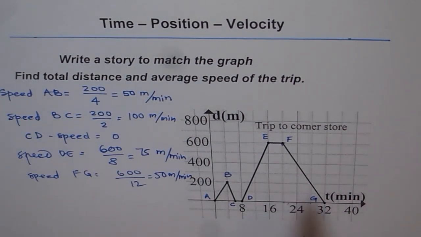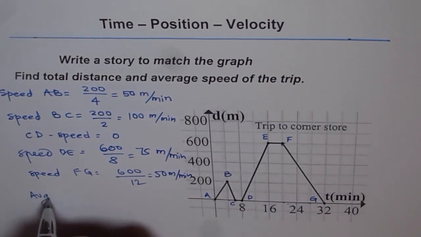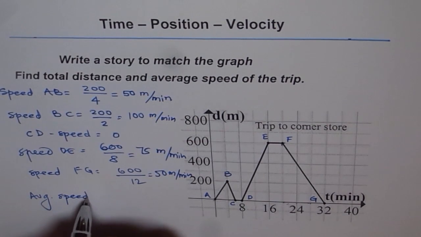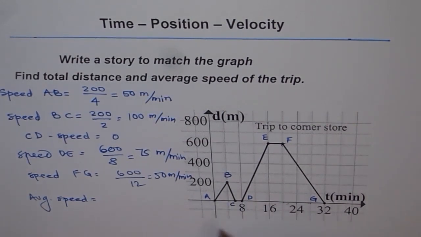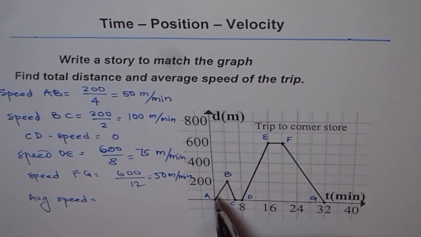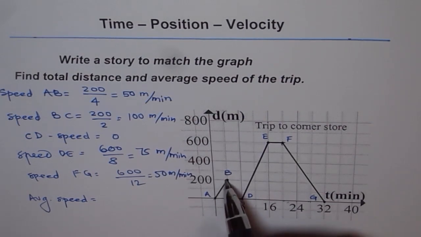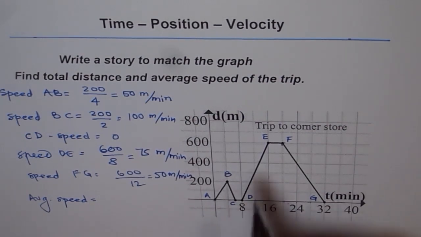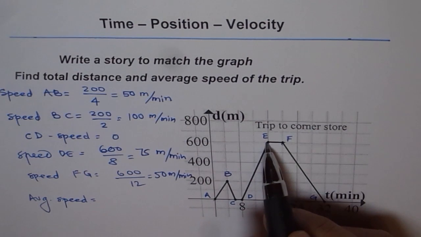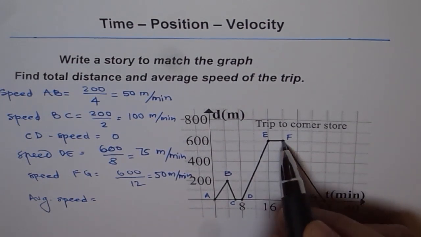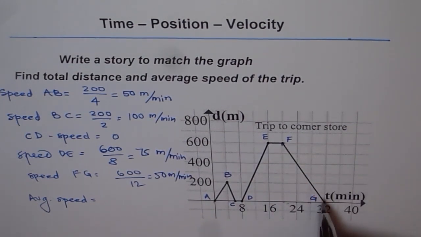To add more information, we can say that the average speed of Tom was, total time taken was 32 minutes, right? So for average speed, first let's calculate the total distance, right? Distance traveled was 200 and 200, 400. 400 plus 600, 1000. 1000 plus 600, 1600.